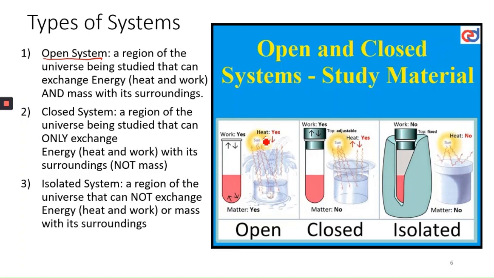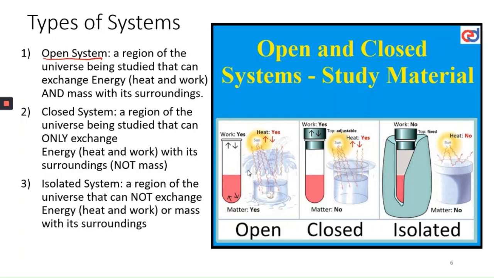Since there is no lid on it, the water can leave, so matter can leave. So you could lose matter, you could lose heat, or you could gain heat, or you could gain matter if, I don't know, somebody poured more water in.